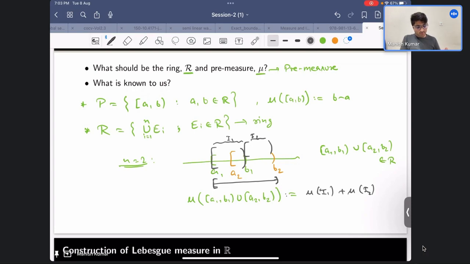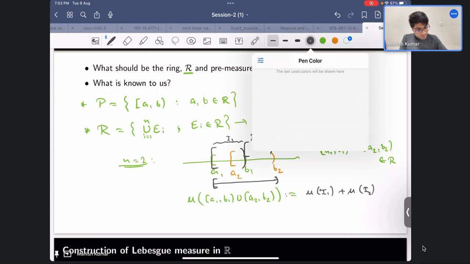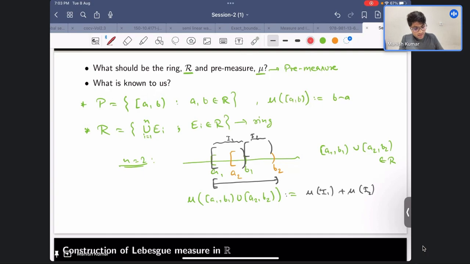But the question is, if this is the definition, what if I chose this partition but someone else chooses another one? Let's say from here to here, and then from here to here, and then from here to here. This is also a partition, I mean partitioning the set into disjoint subsets.